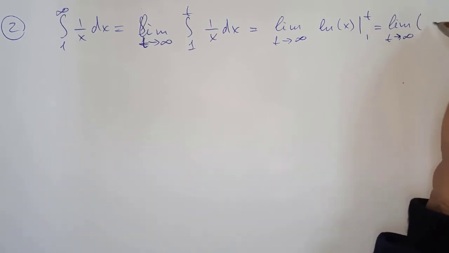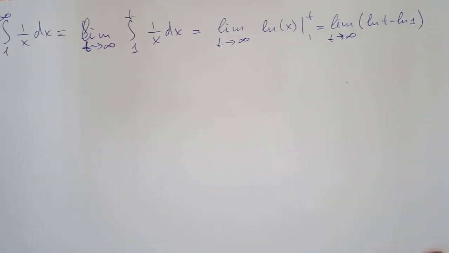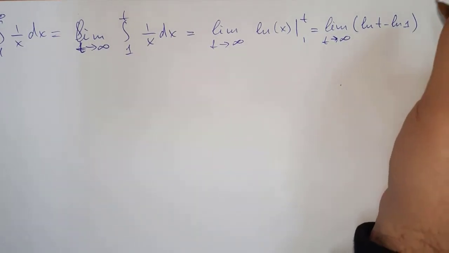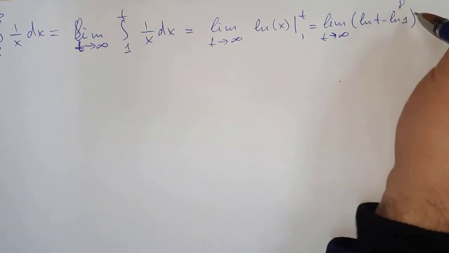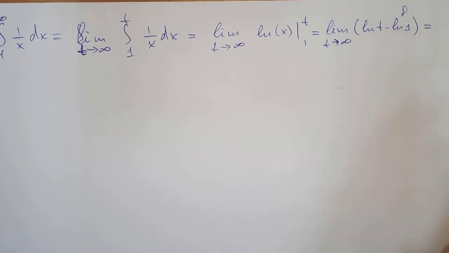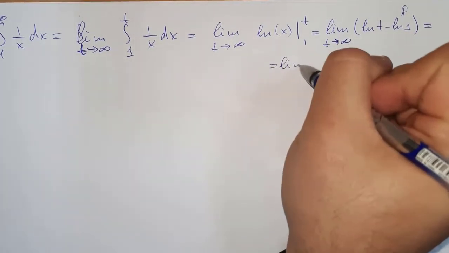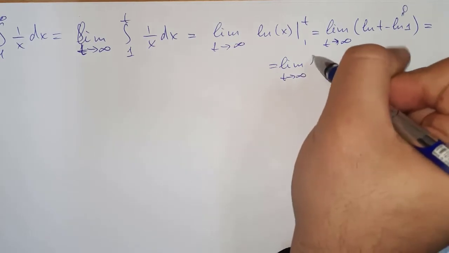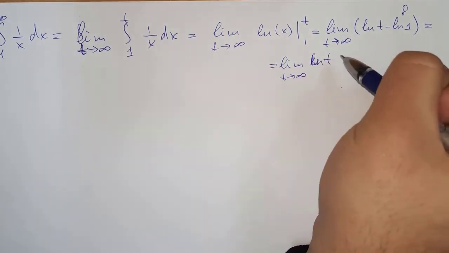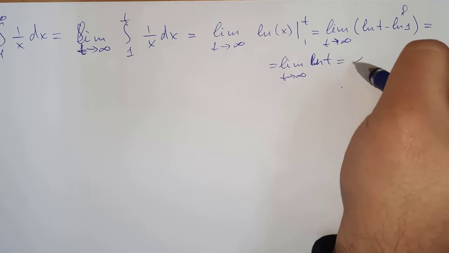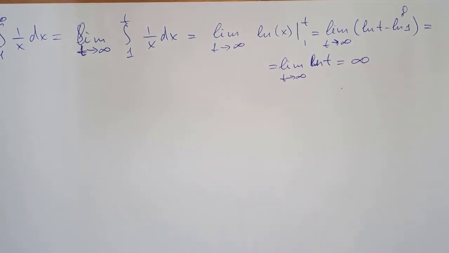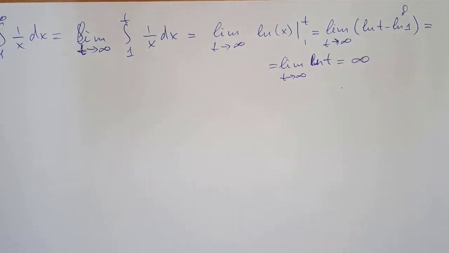Here we have natural logarithm of t minus natural logarithm of 1. Now this is 0, but we have limit t tends to infinity of natural logarithm of t, and this is infinity. So the limit is infinite, and it means the integral is divergent.